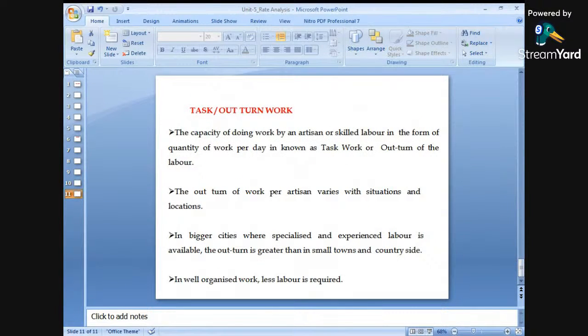Now, related with all these things, we will switch over to the next thing, that is numericals related with rate analysis. We will see the basics related with the rate analysis. What are the different things related with the rate analysis?